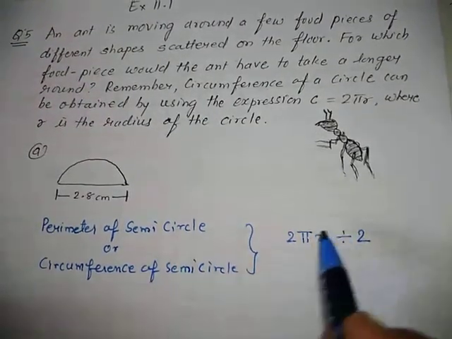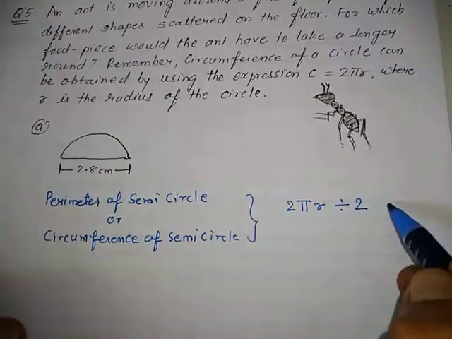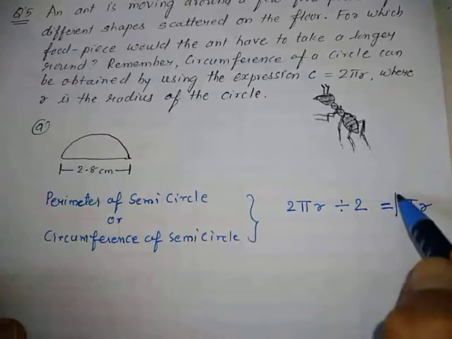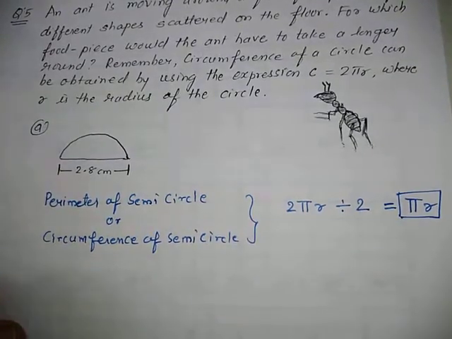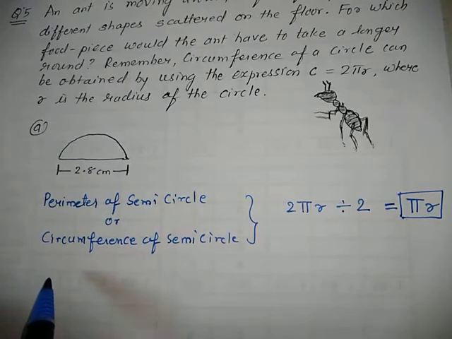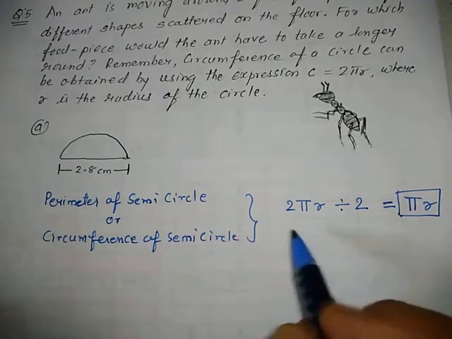So it will be half of it, so we are going to get pi r for one semicircle. So this is one semicircle. So we will get the circumference.